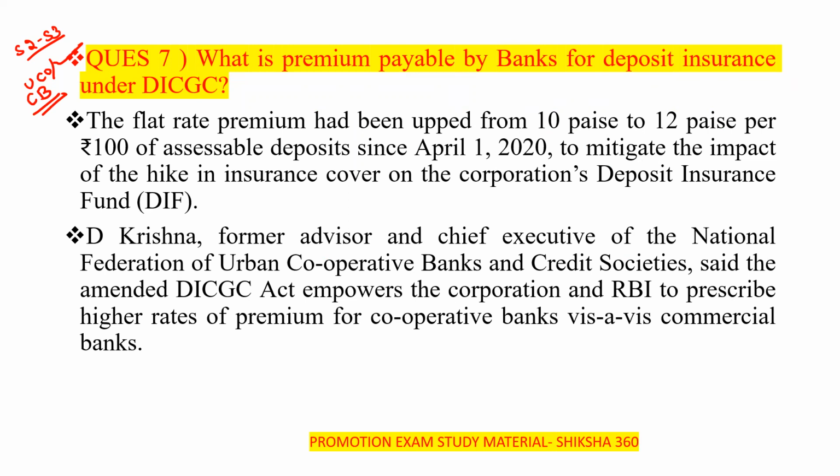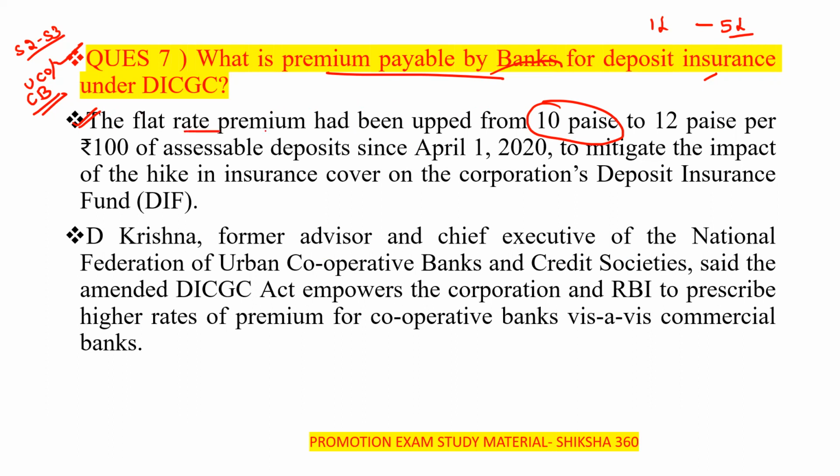Earlier the insurance limit was 1 lakh, which was enhanced to rupees 5 lakh. So what is the premium payable by the banks? The flat rate premium has been raised. Earlier they were paying 10 paisa per 100 rupees, which has been increased to 12 paisa per 100 rupees.